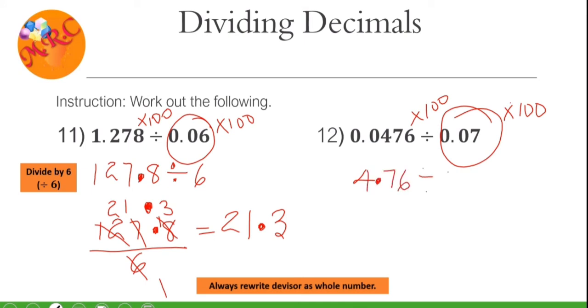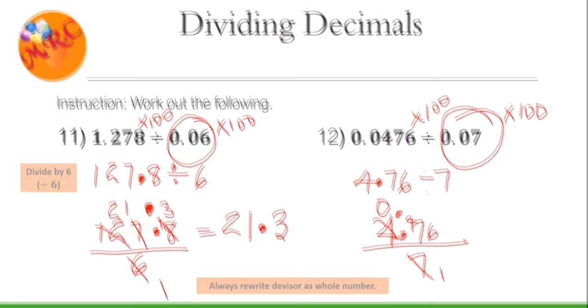4.7 divided by 7. Working that out, now I'm going to divide 7 into 7. That's 1. 7 into 4, I cannot take 7 things out of 4, so that's 0. I'm going to carry that 4 with the 7 there, and I'm going to bring my decimal point here.